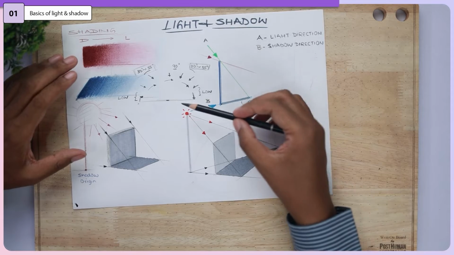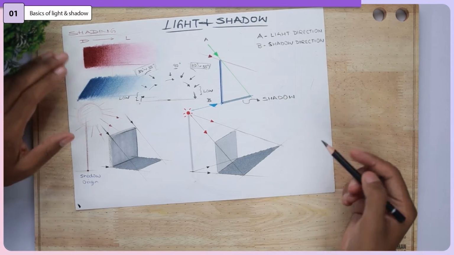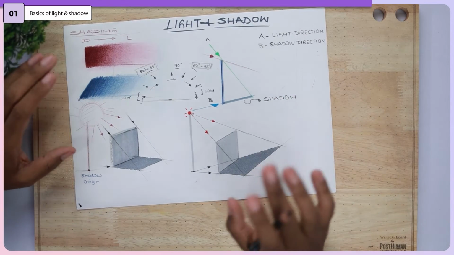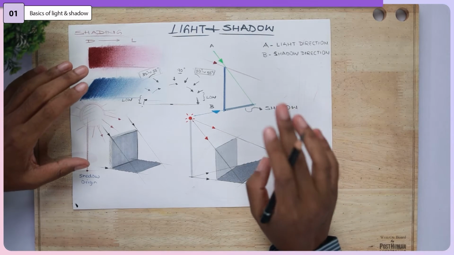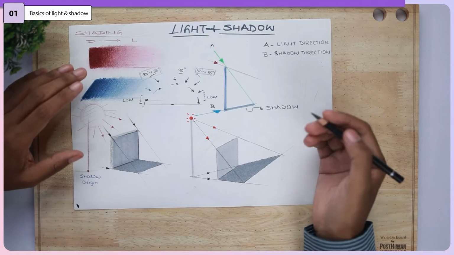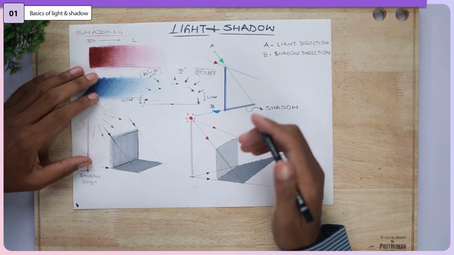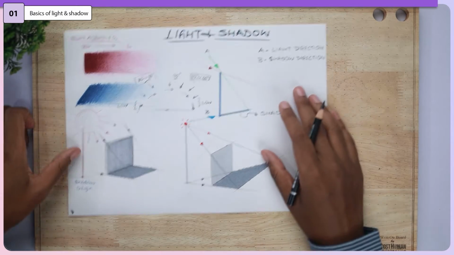The light is coming from the top left direction, and the shadow is being constructed on the other side of the object. Always remember that whenever we create a shadow of any object, the shadow will always be created on the opposite side of the light where it is coming from. That is the first basic rule of understanding light and shadow.